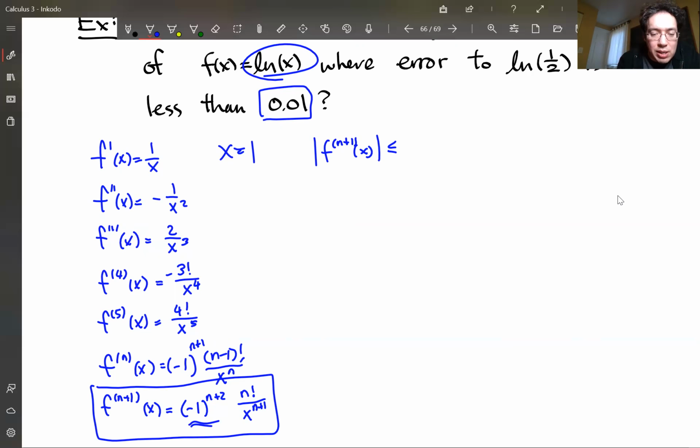In the numerator, I have n factorial. So that's going to be there. The denominator, x to the n plus 1, depends on the interval we're looking at, right? So we're looking at x equals 1/2.